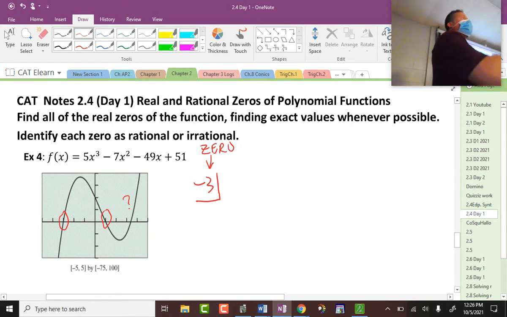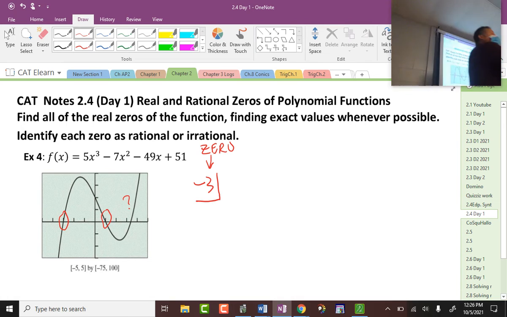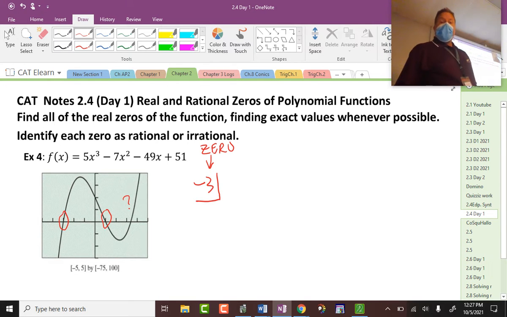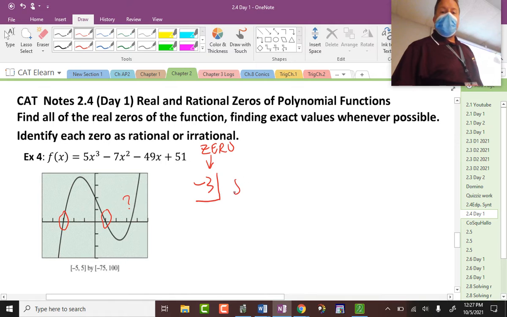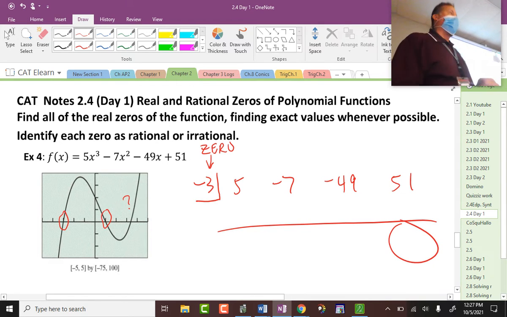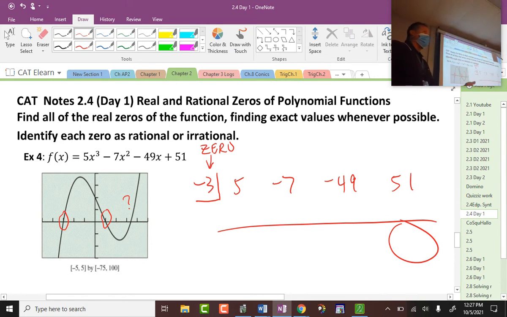A 0 is called a root, which turns into an x-intercept, which turns into a factor. Remember those synonyms that I told you about before? For that to be 0, everyone tell me what should happen here at the end then. What should this be right there? 3, 2, 1, go. 0.